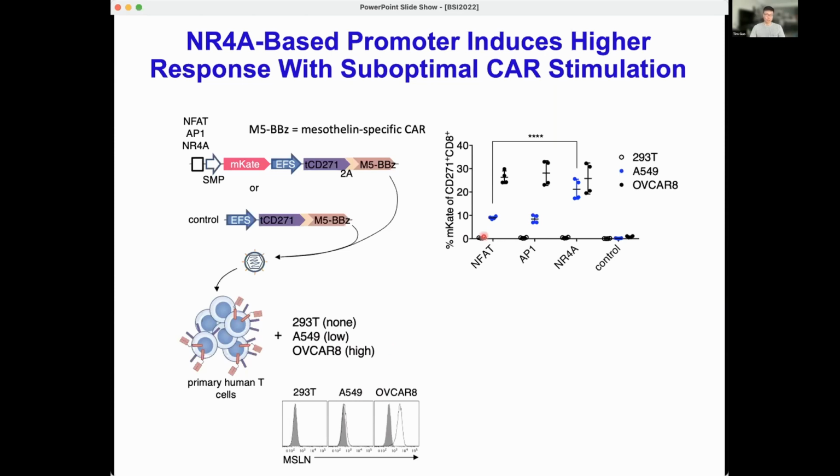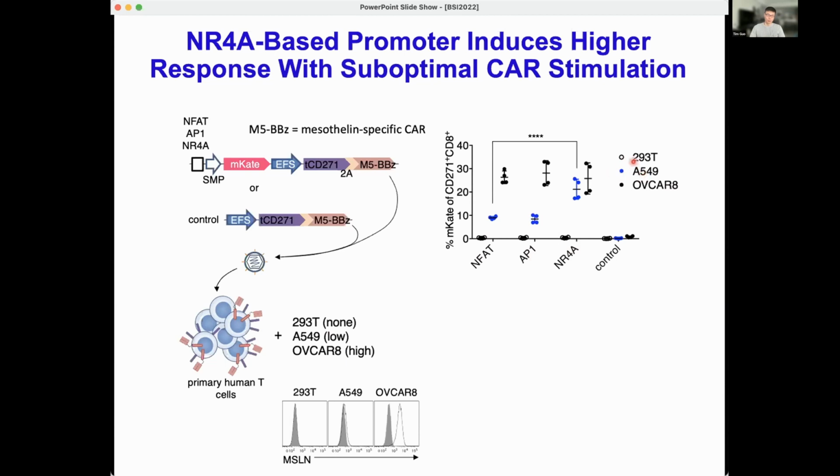So what is very interesting now is that we see when the CAR T cells are stimulated with the strong antigen of OVCAR8, they again respond very similarly like we saw with the anti-CD3 stimulation, where these engineered cell promoters have strong inducible responses.